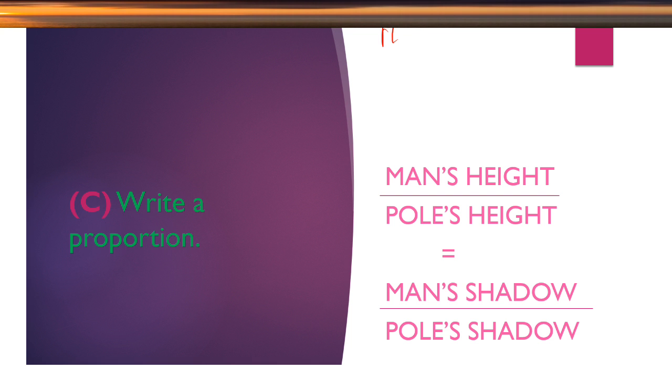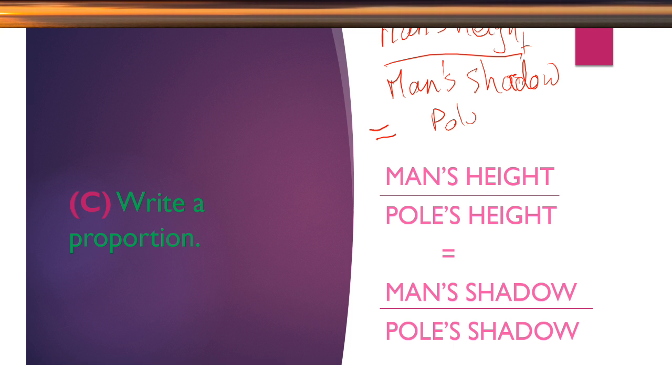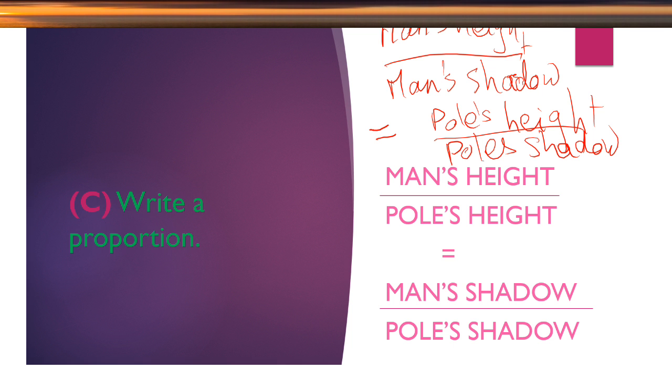We can write the man's height over the man's shadow equals the pole's height over the pole's shadow, since we wrote height first. And if we solve this one, we will get the same answer for X.